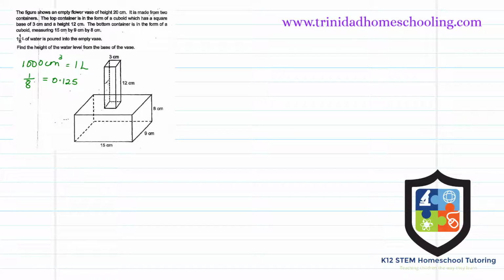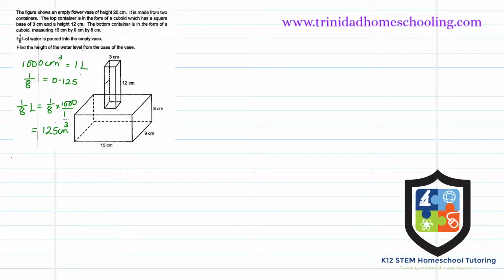If you didn't know that, you could also find 1/8 of a liter by finding 1/8 of 1000. This will give you 125 centimeters cubed.